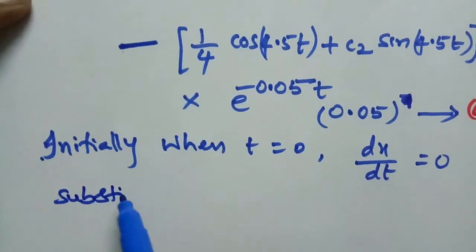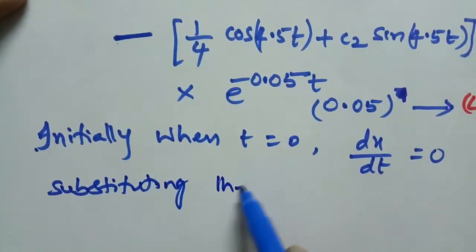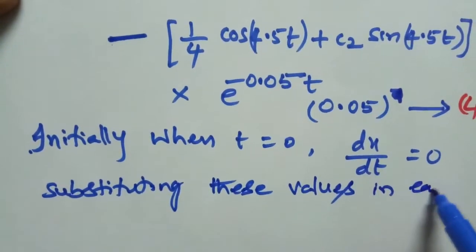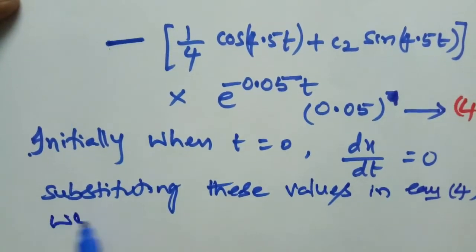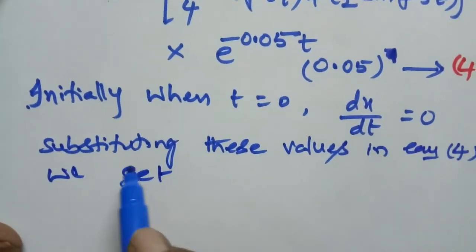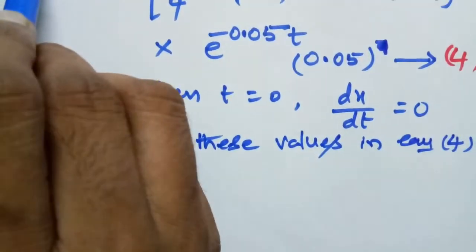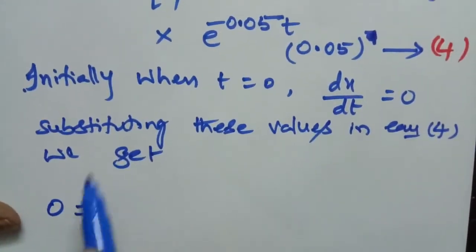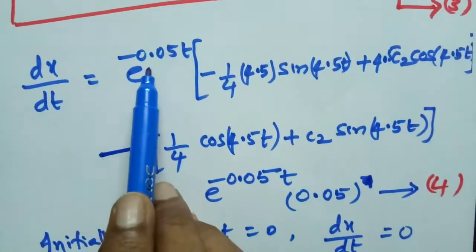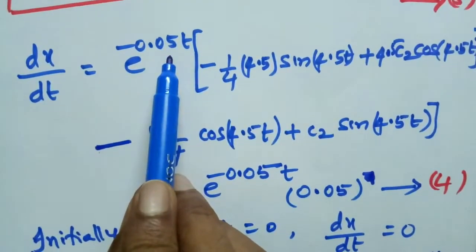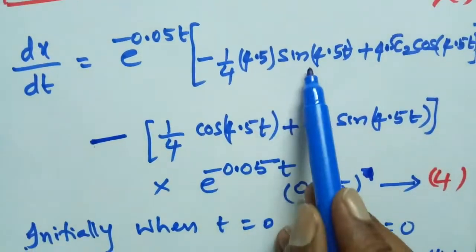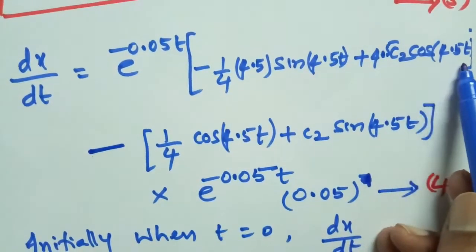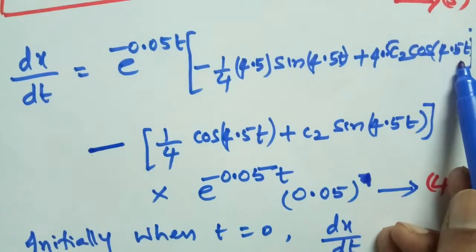Substituting these values in equation 4, we get dx by dt value 0 is equal to right hand side e power minus 0.05 into t value 0, e power 0 is 1, minus 1 by 4 into 4.5 sin 0, 0, plus 4.5 c2 into cos 4.5t, that is cos 0 value 1.